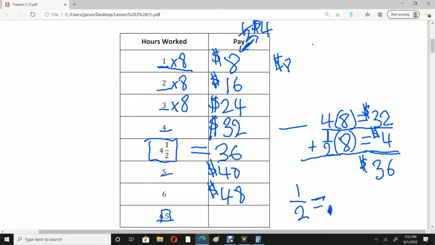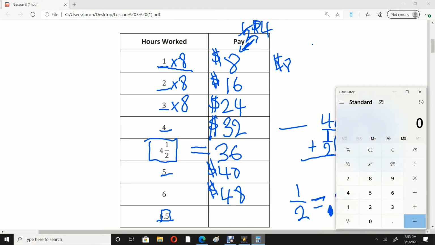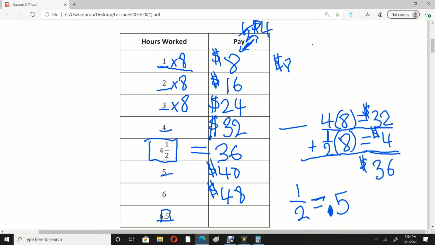And we can prove that by dividing 1 by 2. Remember, fractions are just division problems, so 1 divided by 2 is 0.5. For those of you who already knew that, I apologize for wasting your time, but that's a pretty common decimal that you're going to see.